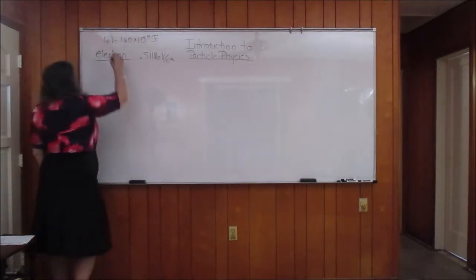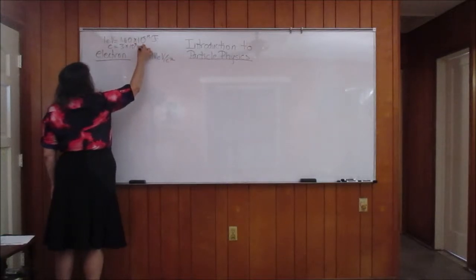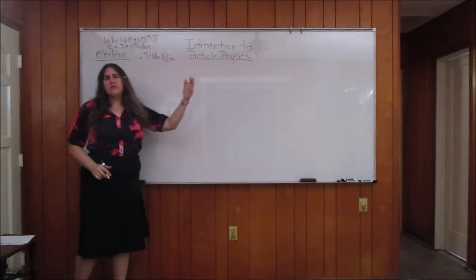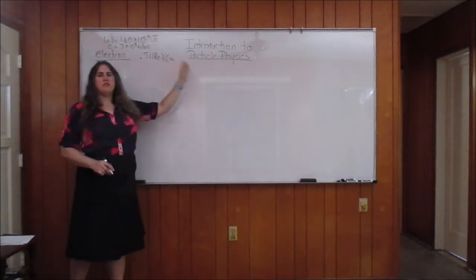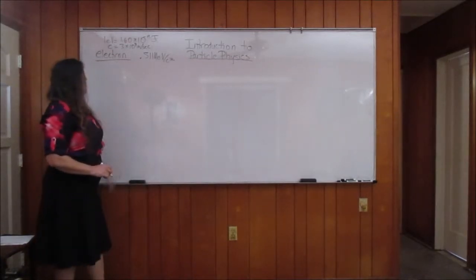And c here is just the speed of light. And if you go ahead and do the math here, you'll wind up with the mass expressed in kilograms that you're probably accustomed to using. But anyway, that's the mass of the electron.